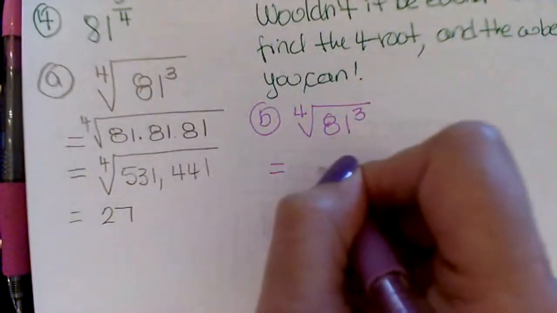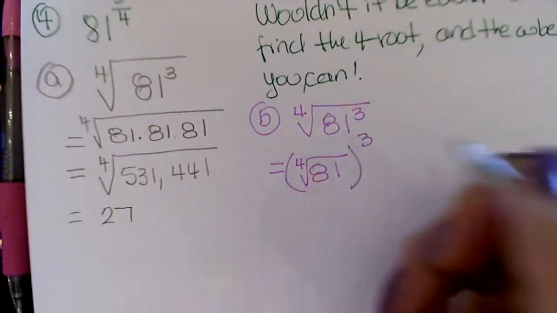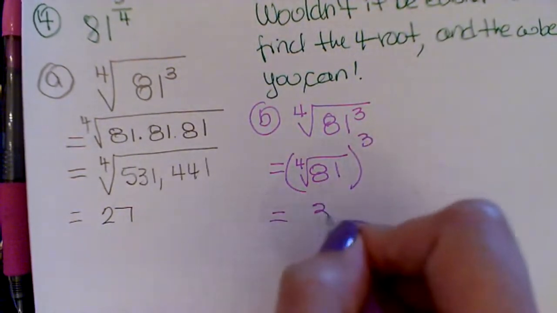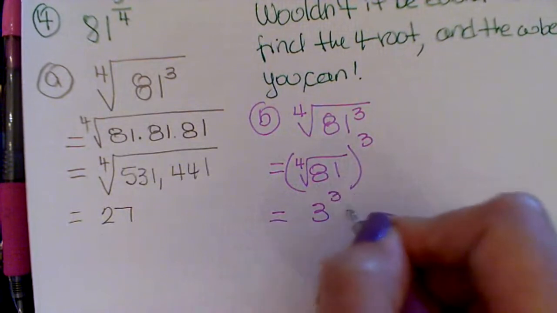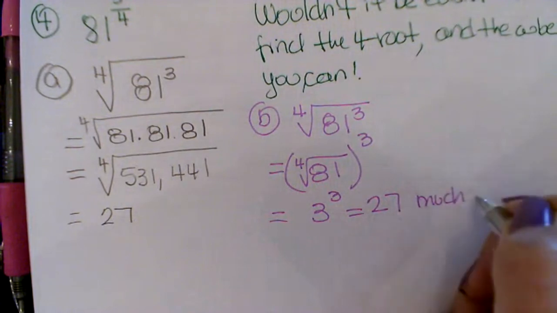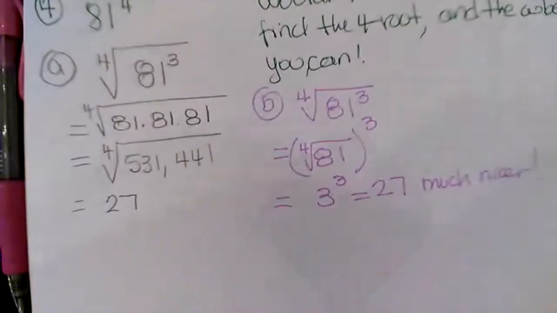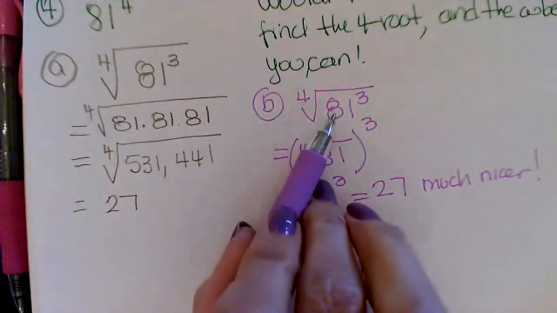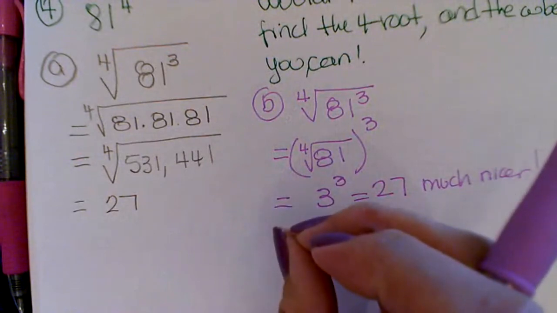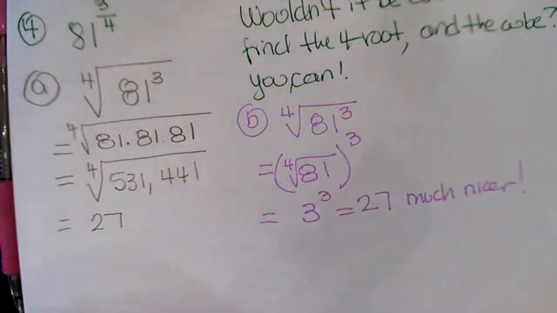So how about if we find the fourth root and then we cube? Then cube 27. That's much easier. Much nicer. So we can find the fourth root, and having that answer, we can cube that answer. And here comes the rule.